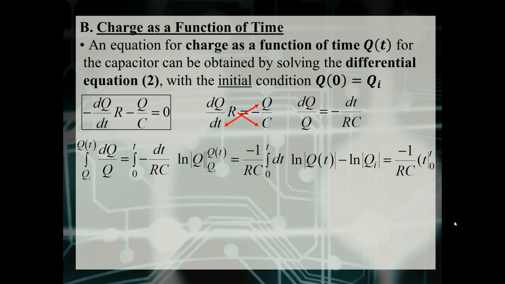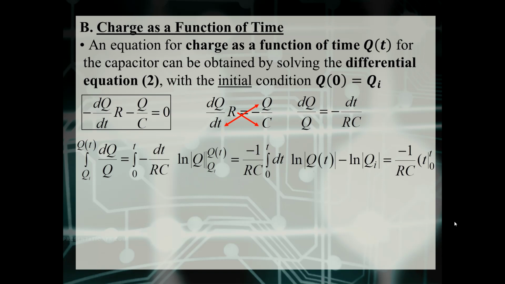To evaluate that, we find the difference of those lns. So we'd have ln of q of t minus ln of Qi is equal to negative 1 over RC. The antiderivative of dt would just be taking the antiderivative of 1 with respect to time, which is just t, evaluated from 0 to t.